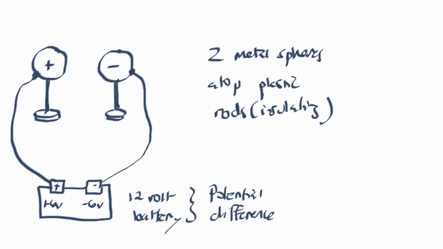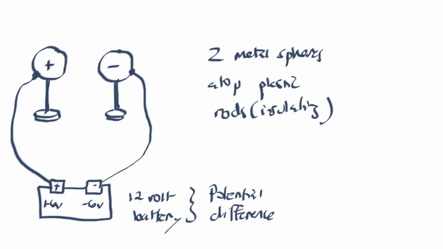And so what happens is the positive electricity leaks across the air into the negatively charged sphere, and likewise negative electricity leaks across the air over to the positively charged sphere, but it happens at a very slow rate, and as it does that, the voltage on the left sphere goes down and the voltage on the right sphere goes up. I guess it gets closer to 0.